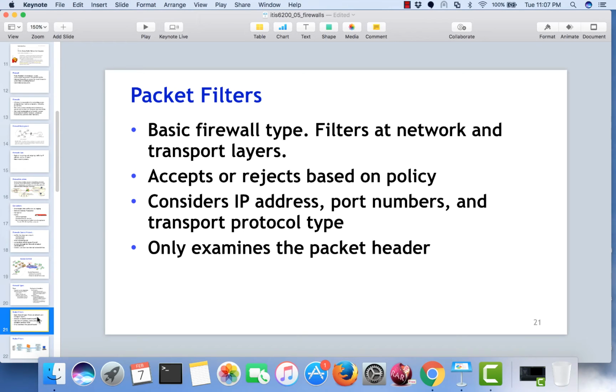The firewall accepts or rejects based on a policy. It considers IP addresses, port numbers, and transport protocol types when deciding whether it allows those communications, and it only examines the packet header. So it's looking for, hey, this is a source, this is a destination, this is where this is going, this is what this is doing, and then we just move on from there.